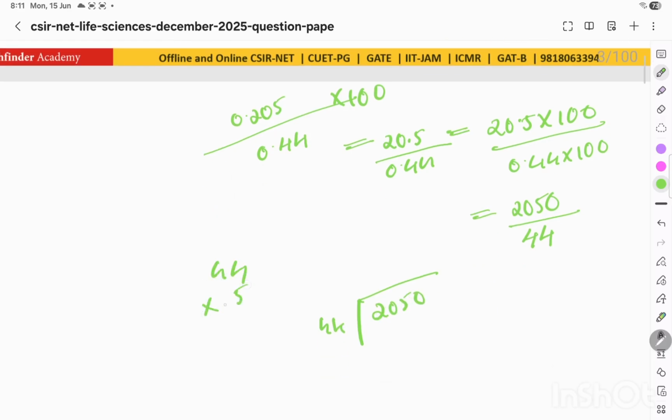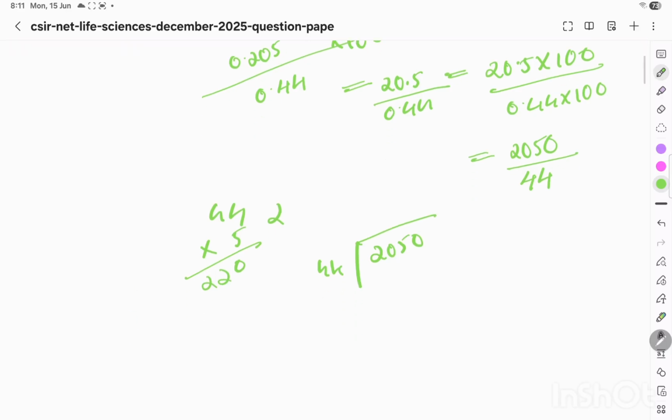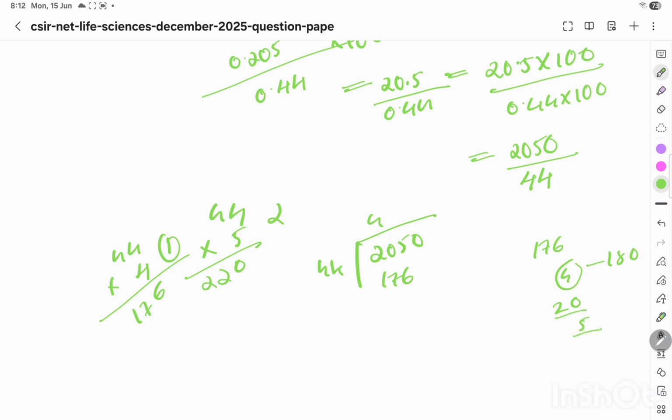44 into 5 is 220. 44 into 4 is 176. Then that is 180, then 20, then 5, so 25, 4, 29.